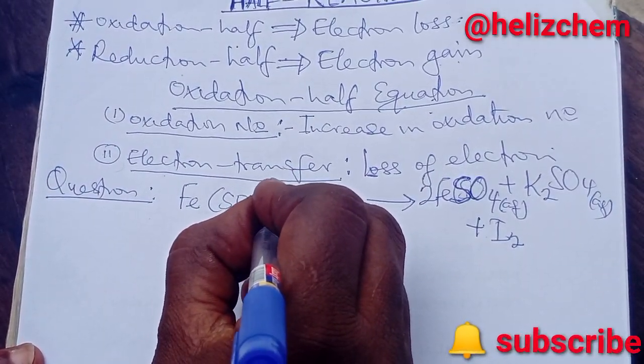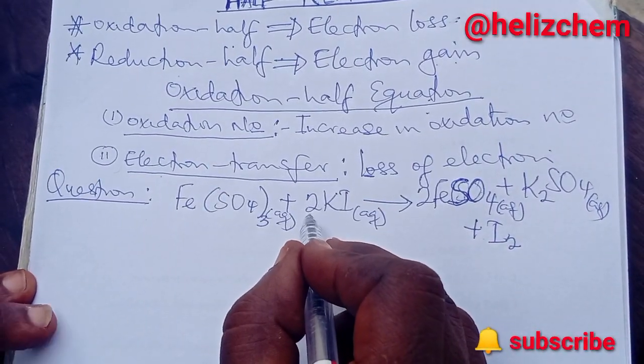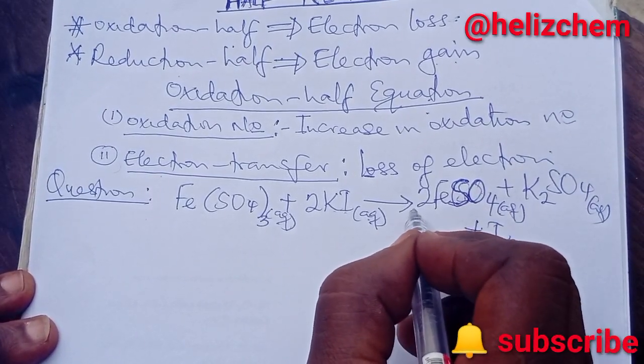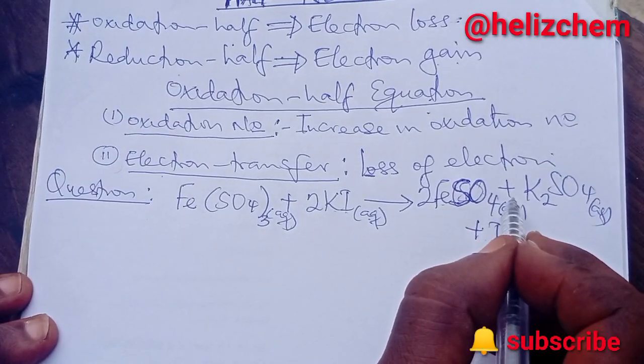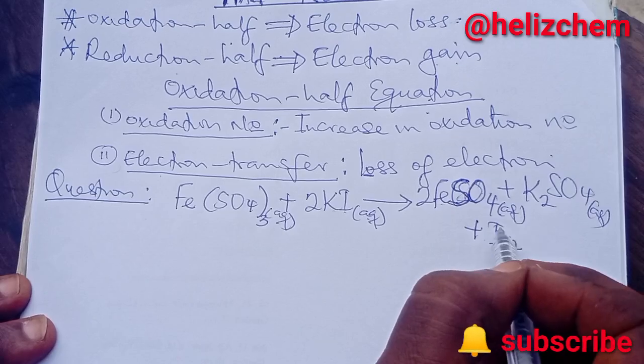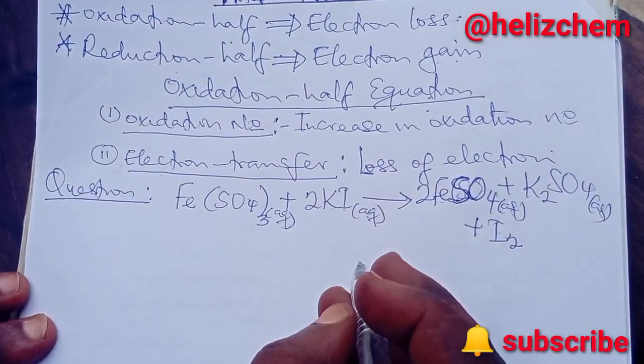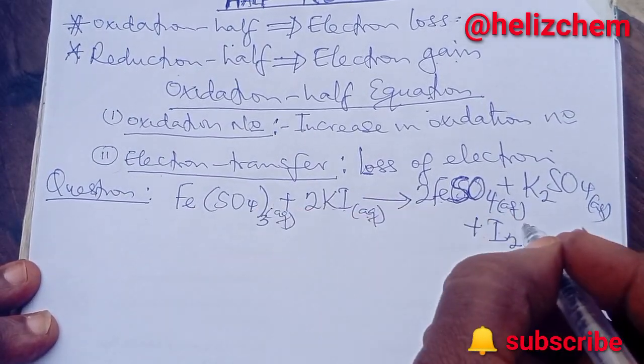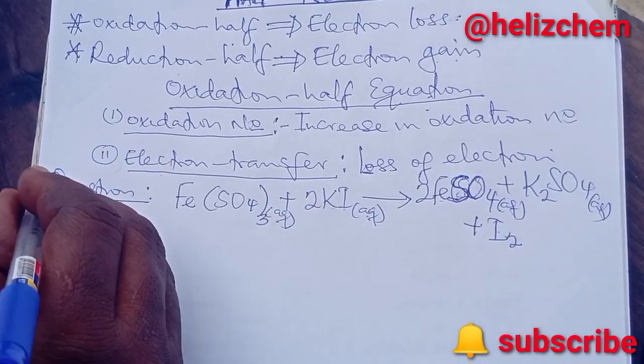Fe2(SO4)3 plus 2KI aqueous gives 2FeSO4 aqueous plus K2SO4 plus I2. The first thing is to write the ionic equation for this.